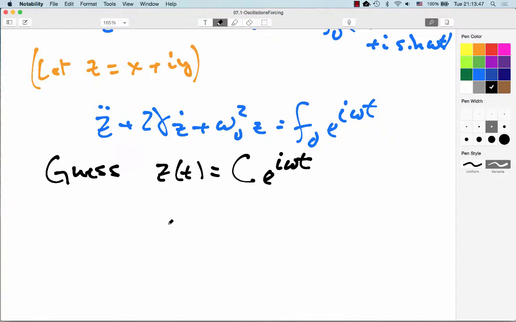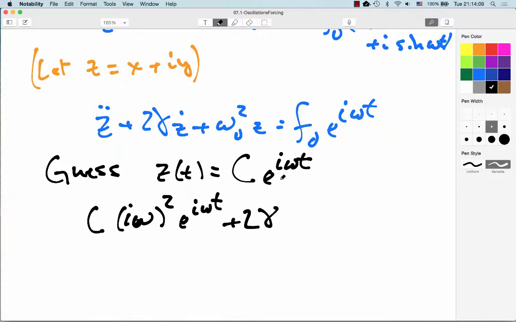Alrighty ditty, so let's go ahead and stick that in. So z double dot: I'll bring down the C and two powers of i omega, squared, times e to the i omega t, plus 2 gamma, we'll bring down one power of i omega, 2 gamma i omega e to the i omega t, then plus omega naught squared, oops, I forgot my C here, C e to the i omega t.